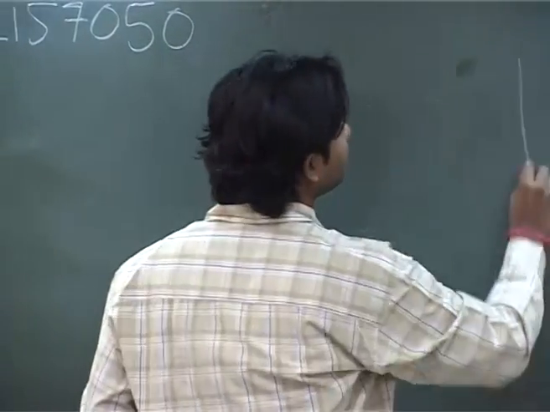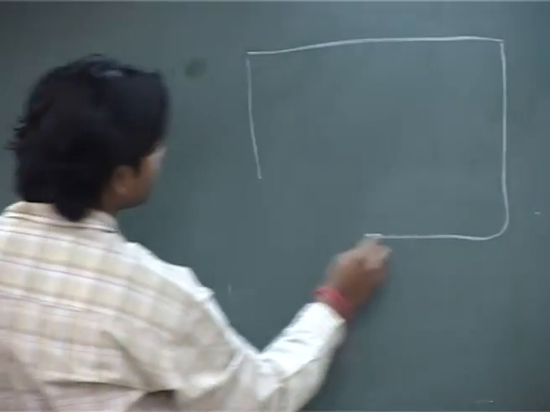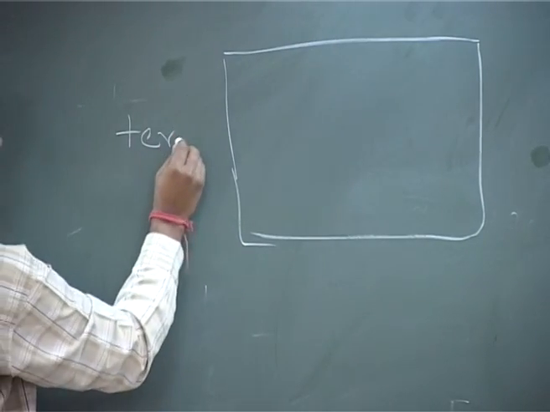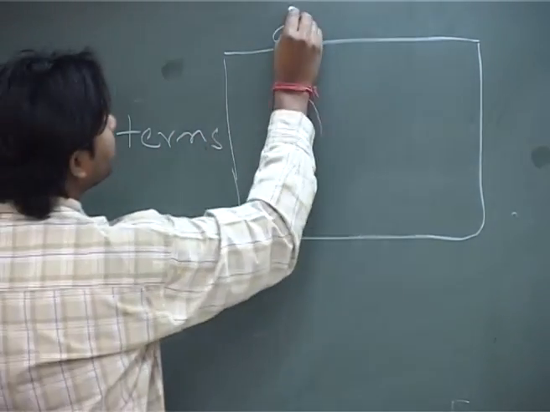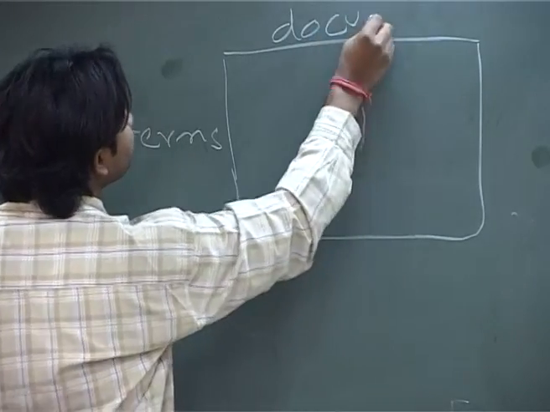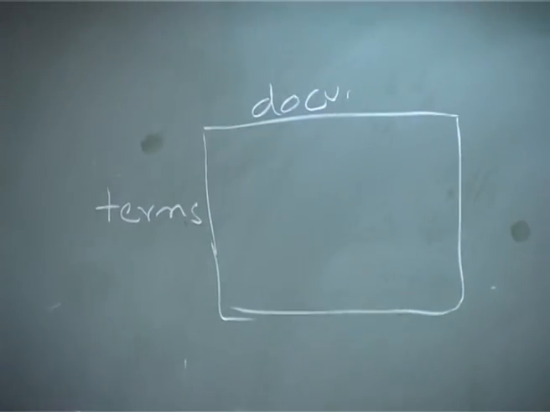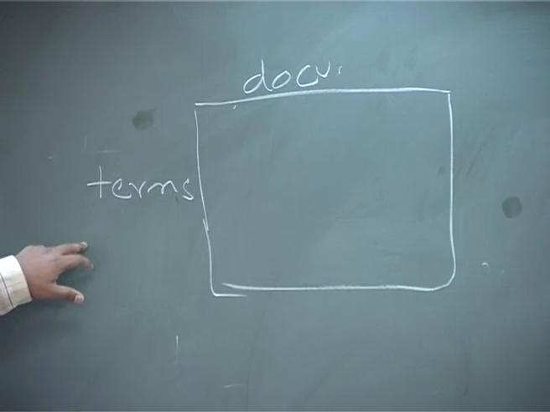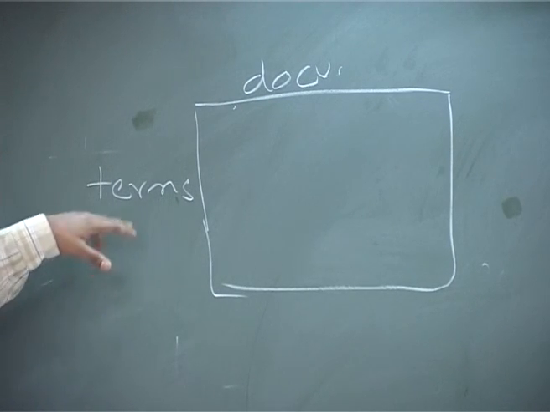In a search engine there's a matrix which has terms on this side and documents on this side. In every document there is a term, and there may be repetition of terms in the document.